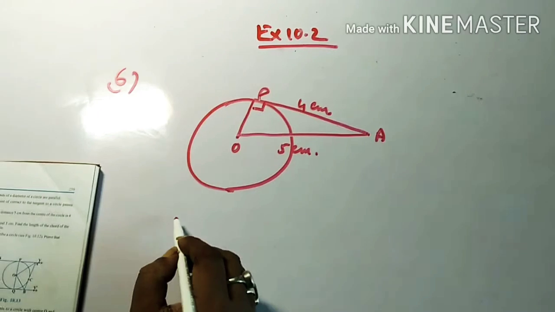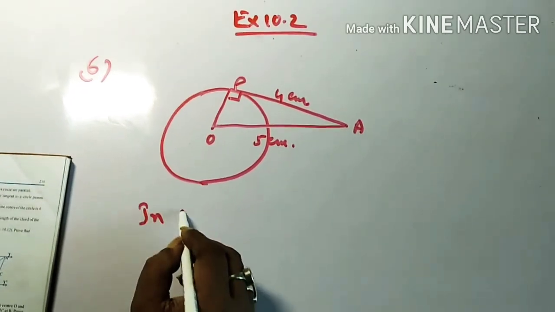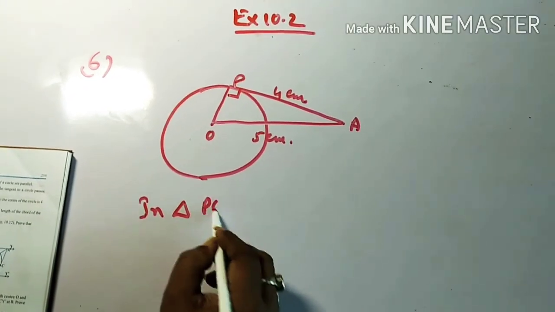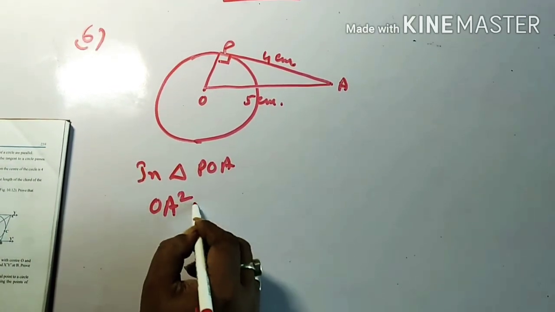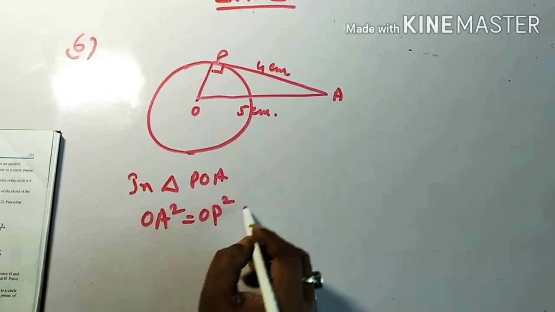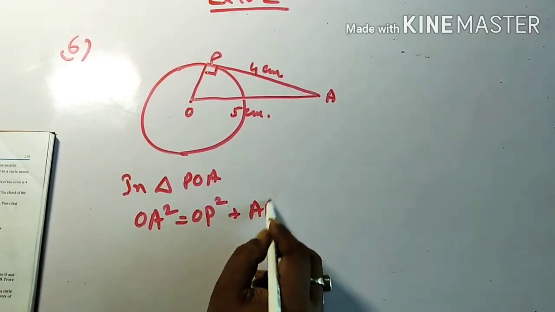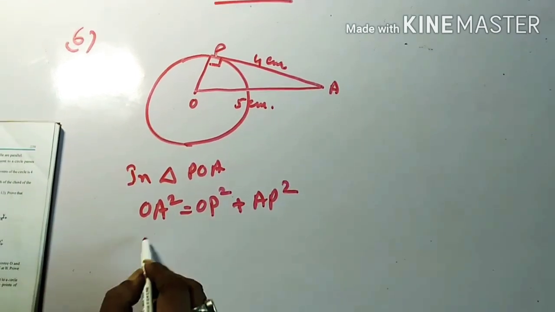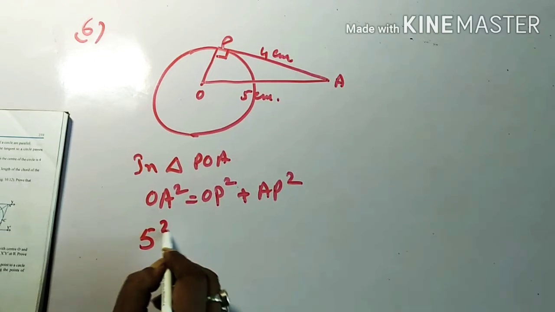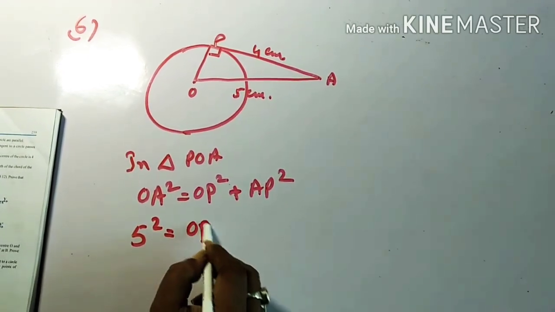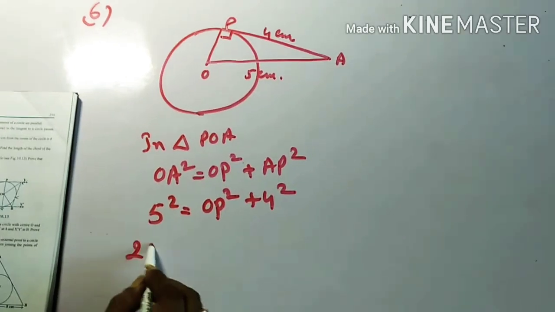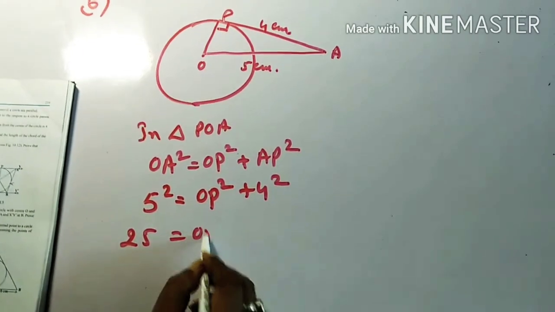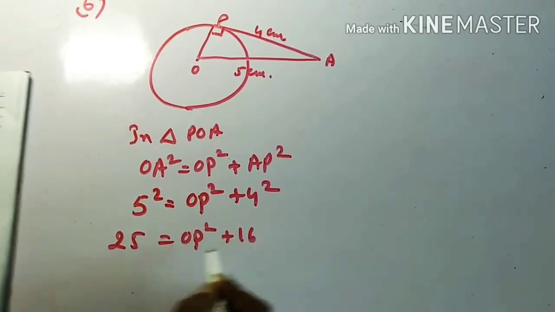With the help of the Pythagoras theorem in triangle POA, OA square is equal to OP square plus AP square. So 5 square is equal to OP square plus 4 square. So 25 is equal to OP square plus 16.